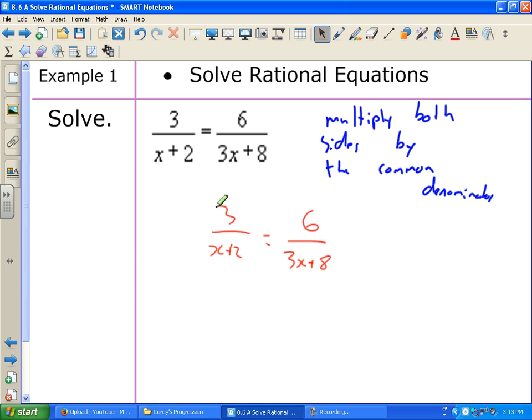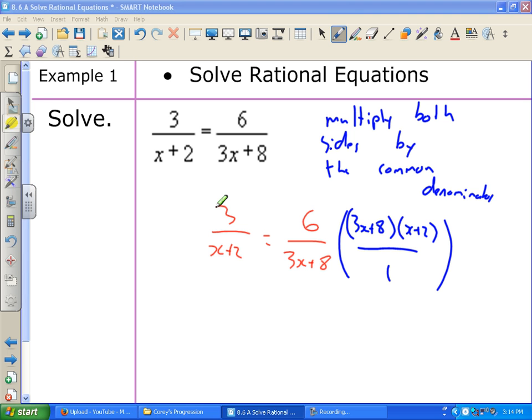All right, 3 over x plus 2 equal to 6 over 3x plus 8. At this point of the game, should be comfortable with me saying the common denominator is 3x plus 8 times x plus 2. Again, we're looking at the common denominator of all denominators that are across the equation.